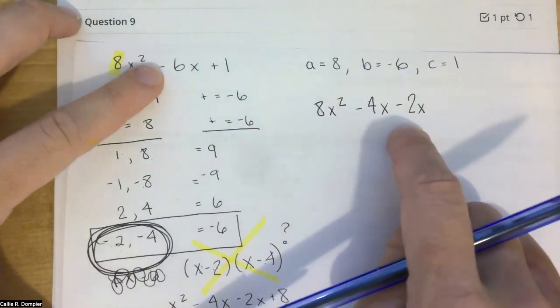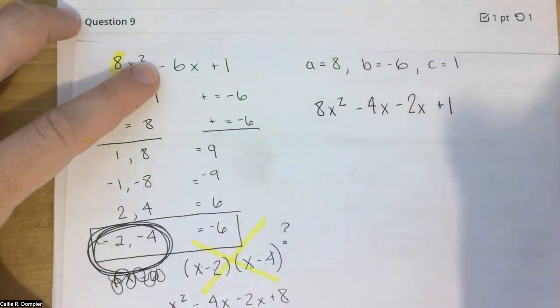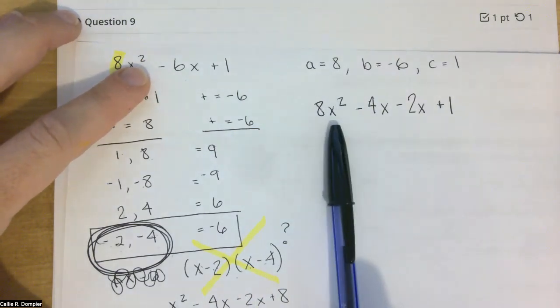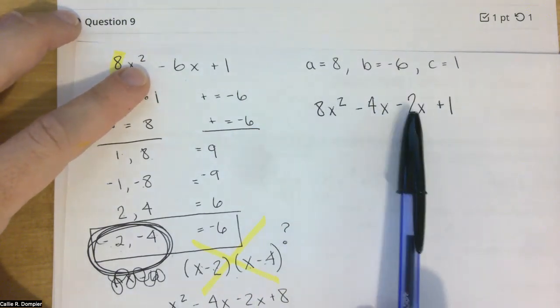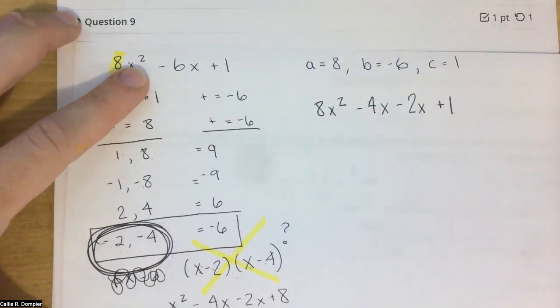When I combine those, I still get -6, but now I can factor by grouping. It also does not matter if you put the -4 first or the -2 first. You can flip those. You will still get the correct answer after you factor by grouping.